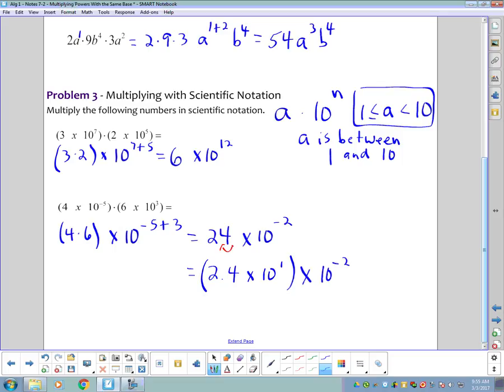So just double check this. 2.4 times 10 to the 1 would tell me to move the decimal 1 to the right, which would get me back to where I started. So with this number, I've moved the decimal left 1. I need to add to the power of 10. If I go this direction, I'm going to subtract from the power of 10.